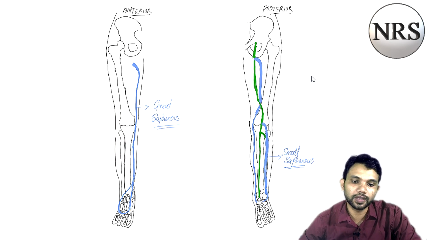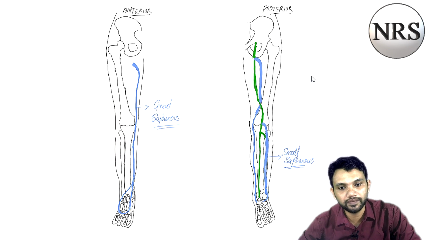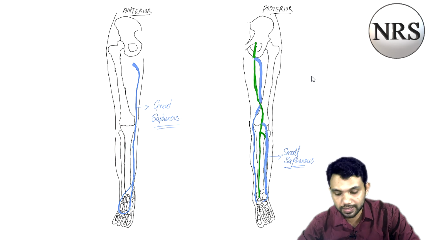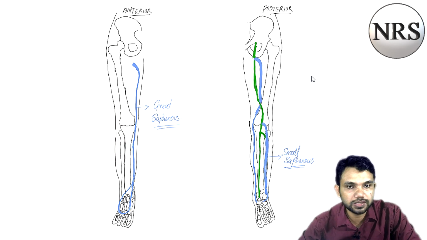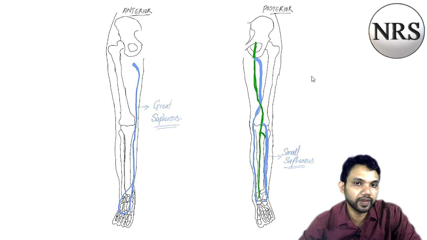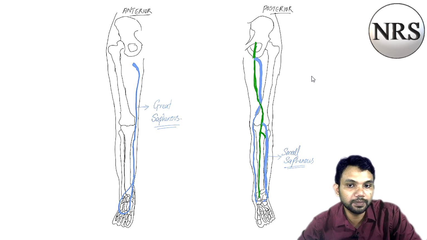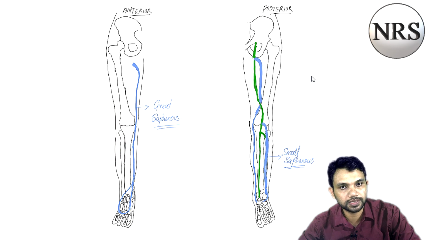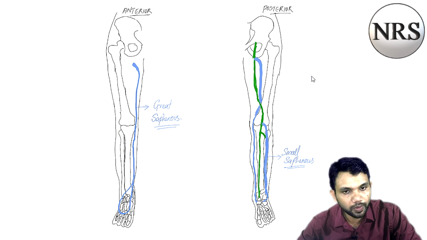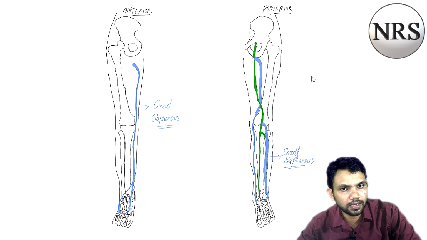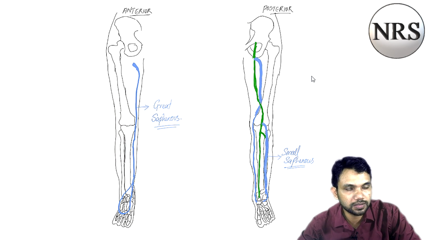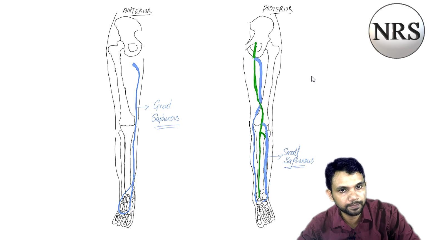So I guess you all have got an orientation about the venous supply of the lower limb. What we need to know here is that in veins, we have deep veins and superficial veins. The deep ones are similar to the arteries: posterior tibial, anterior tibial.